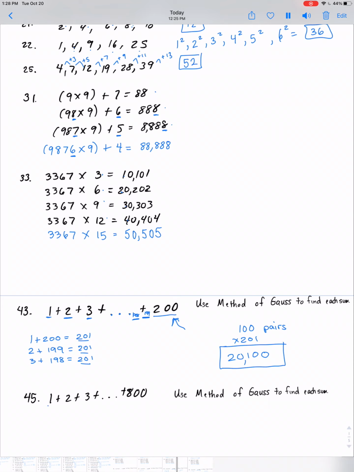Okay, so we'll take 1 plus the last term. Get 801. We'll take 2 plus the second to last term, which would be 799. Then we take 3 plus the third to last term, which would be 798, sorry.